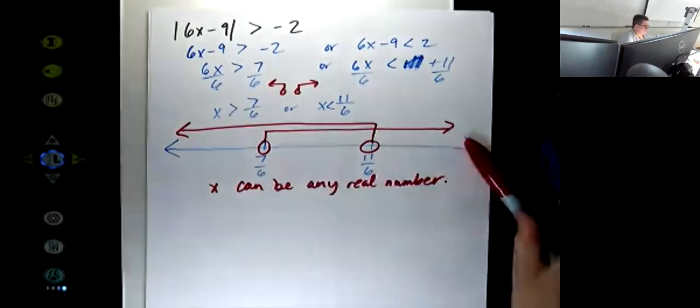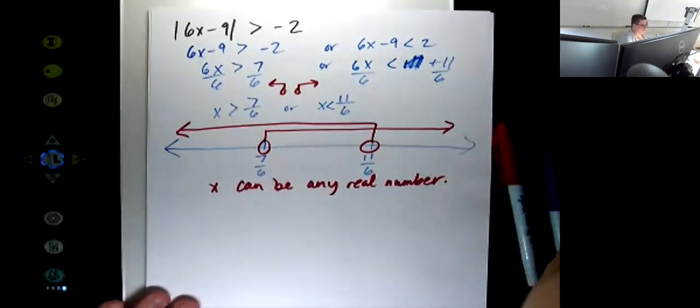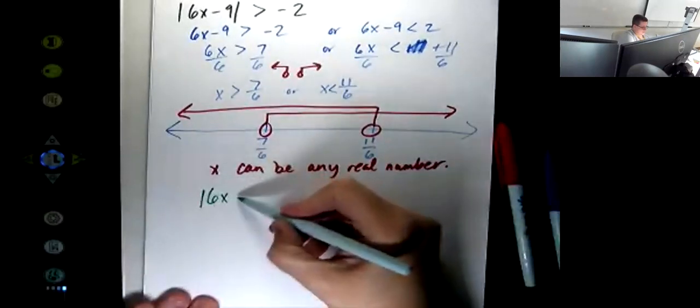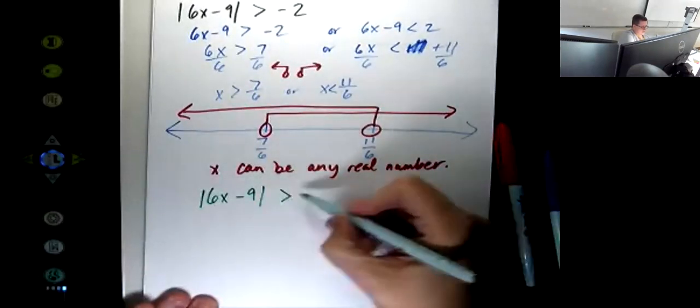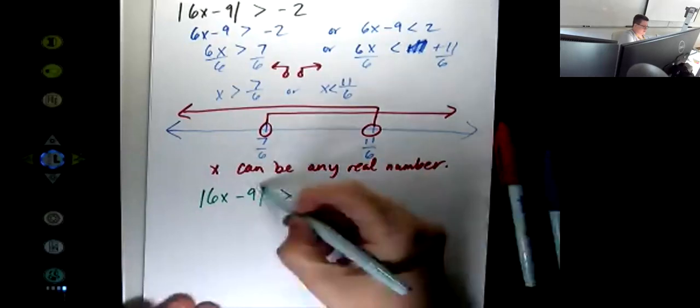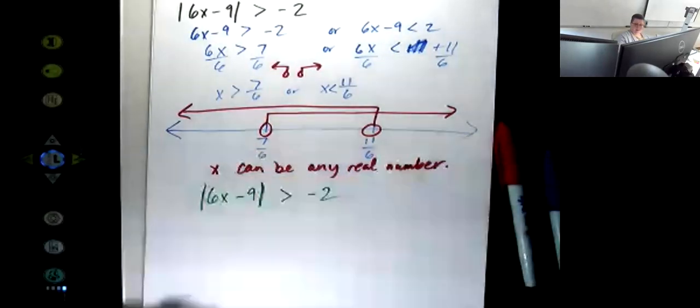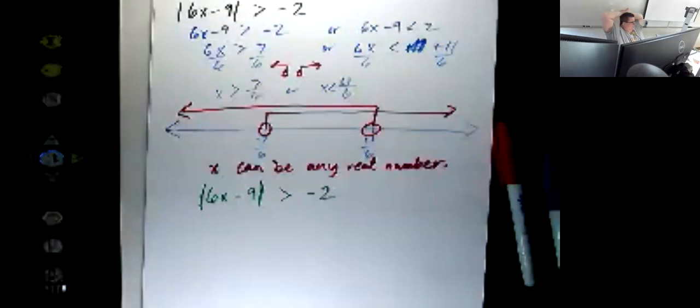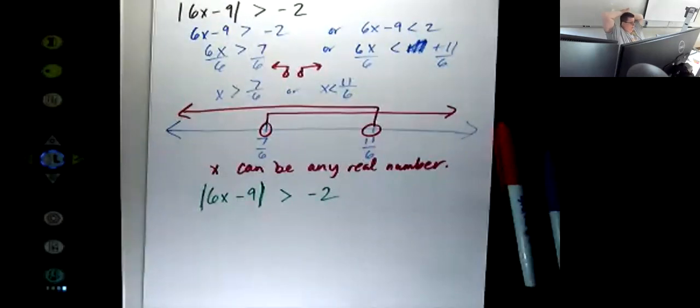There was a way to notice this ahead of time. We had the absolute value of 6x minus 9 is greater than -2. What do we know about absolute values? They become positive.